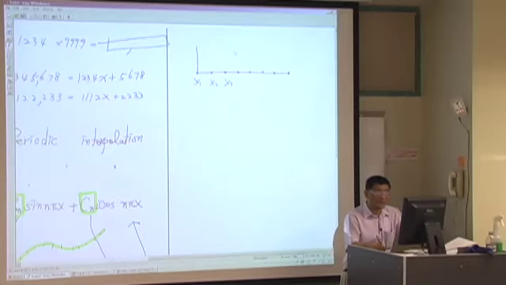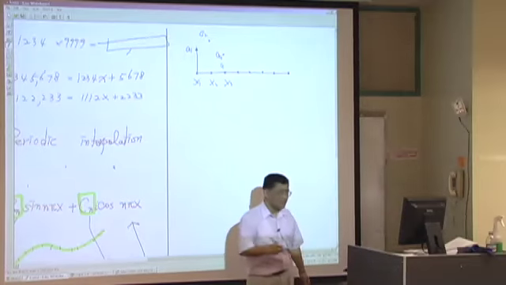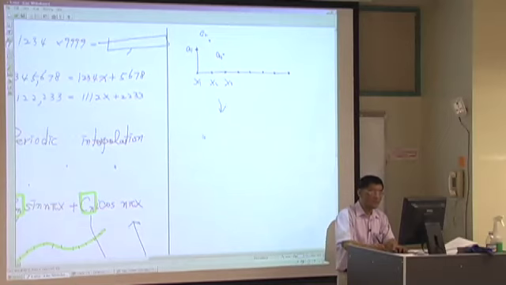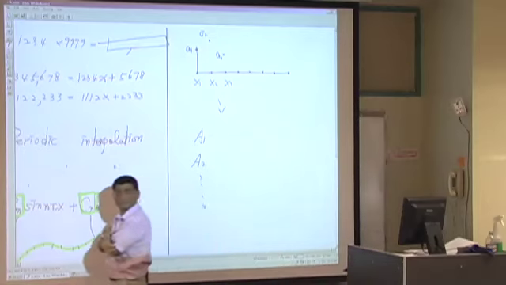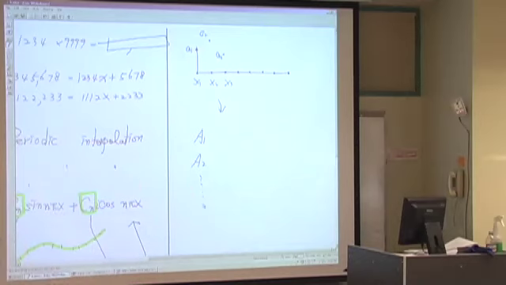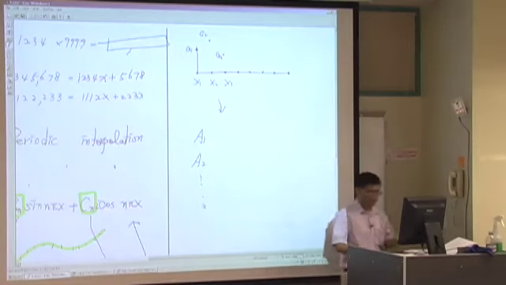Then we have heights, A1, A2, A3, and so on. From these we can determine capital A1 related to these things, right? And then A2 related to these things, and so on. And let's do it.